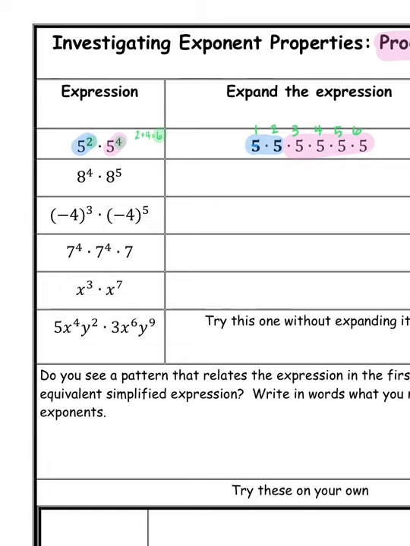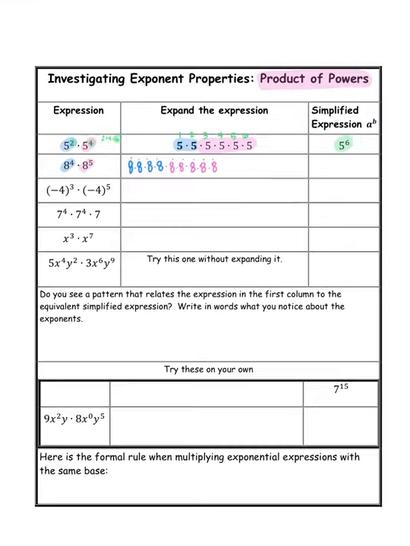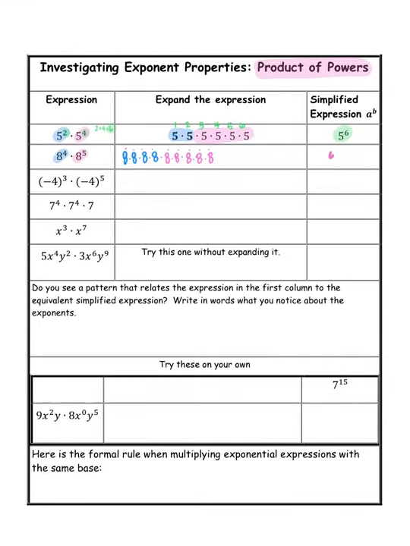We have 8 to the fourth, which we can write as 8 times 8 times 8 times 8. And then we have 8 to the fifth, which we can write as 8 times 8 times 8 times 8 times 8. So we have a total of 1, 2, 3, 4, 5, 6, 7, 8, 9 eights. So then simplified, we would have 8 to the 9th power.